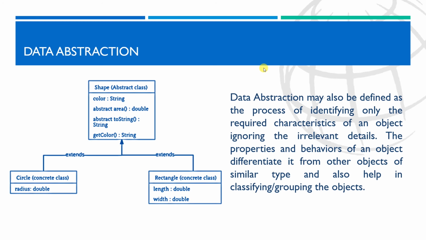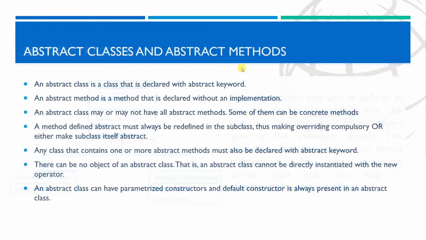But abstract classes and abstract methods have some important points. The first one: an abstract class is a class that is declared using the abstract keyword. The second: an abstract method is a method that is declared without an implementation. An abstract class may or may not have abstract methods; some of them can be concrete methods.